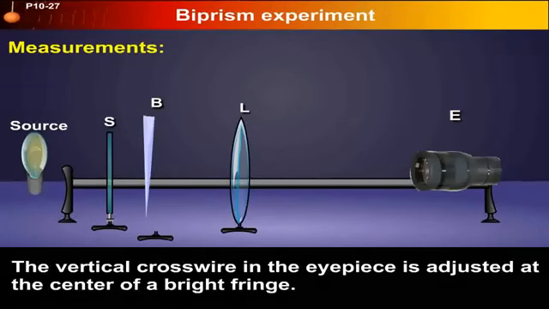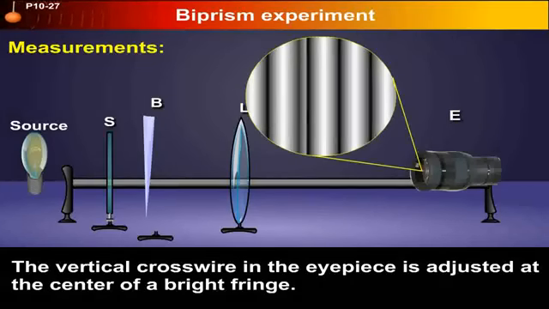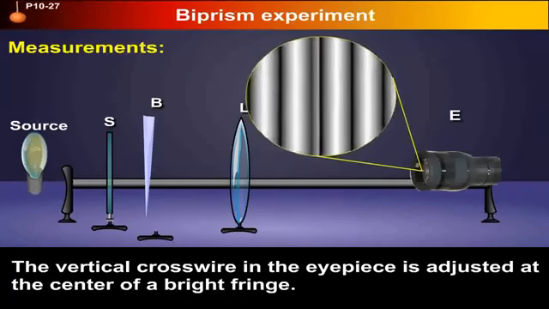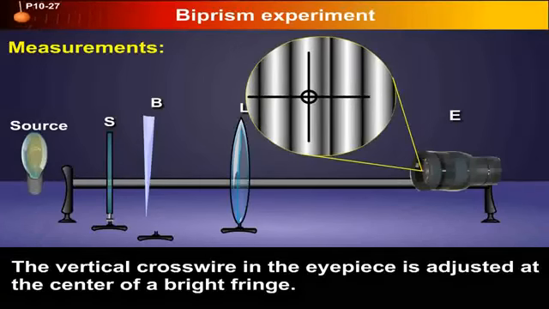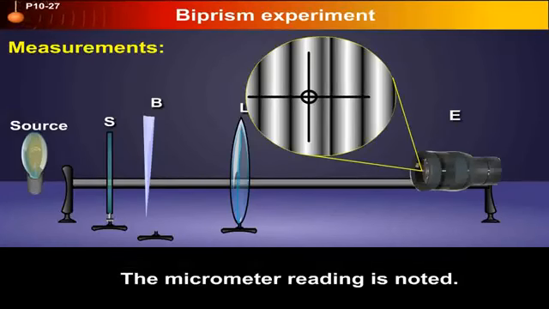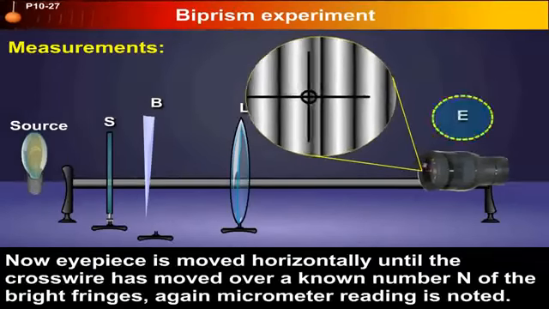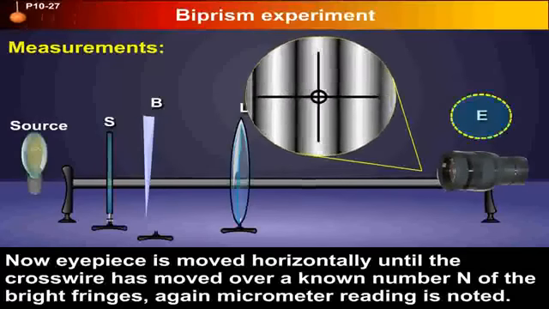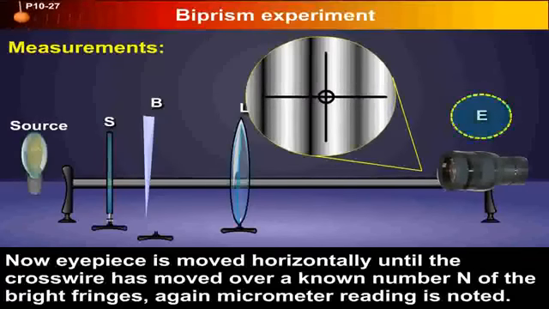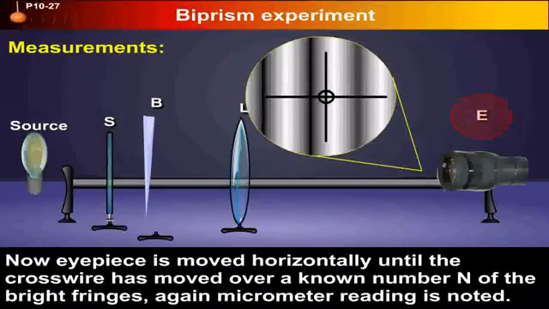The vertical crosswire in the eyepiece is adjusted at the center of a bright fringe. The micrometer reading is noted. Now, eyepiece is moved horizontally until the crosswire has moved over a known number n of the bright fringes. Again, micrometer reading is noted.